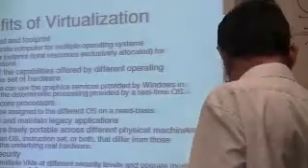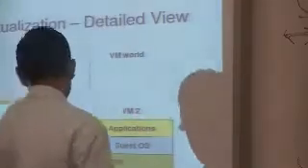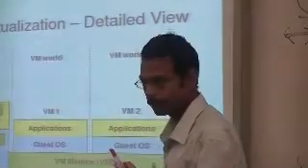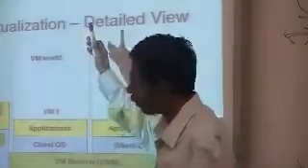As I talk, I list some of the benefits. It's basically summarizing what all you can do with virtualization. So let's go to this. This is how it will look for a hosted architecture, where you have the host operating system and then several virtual machines running on it.